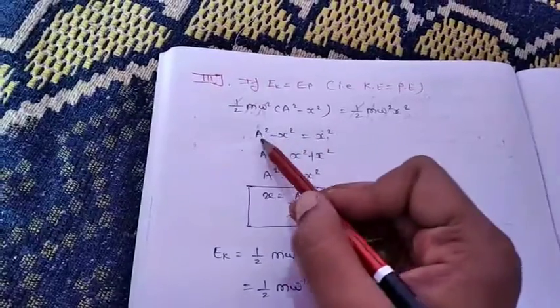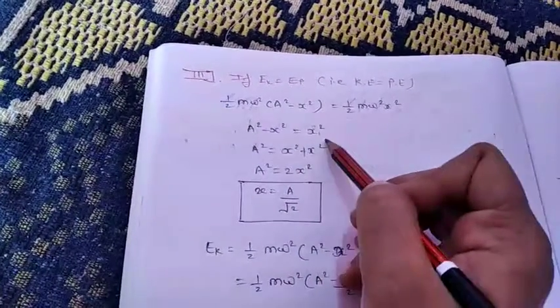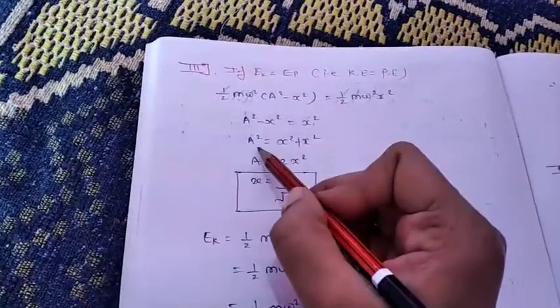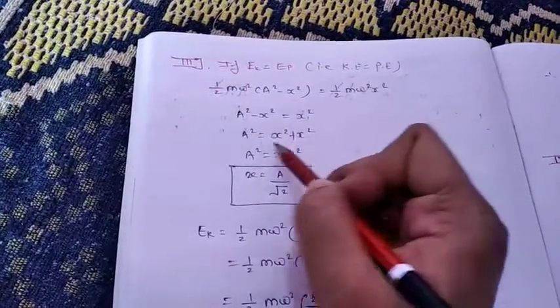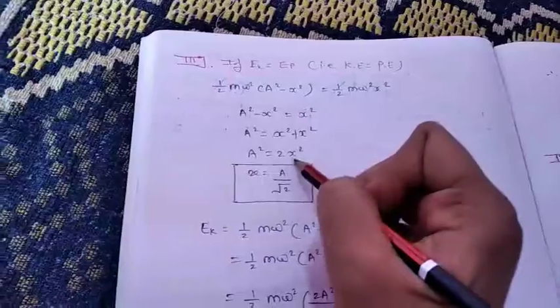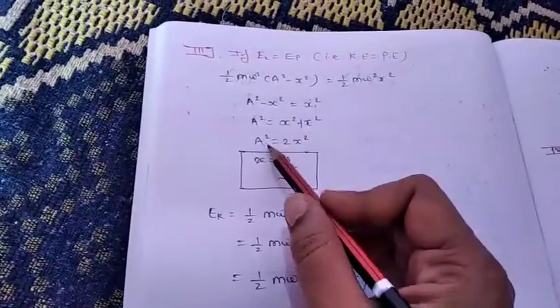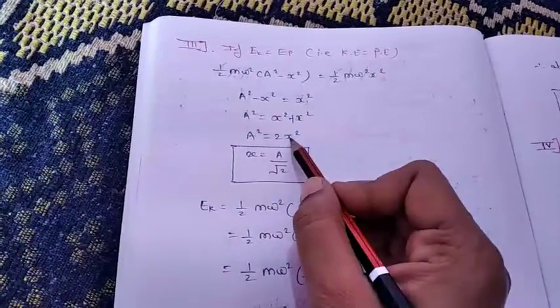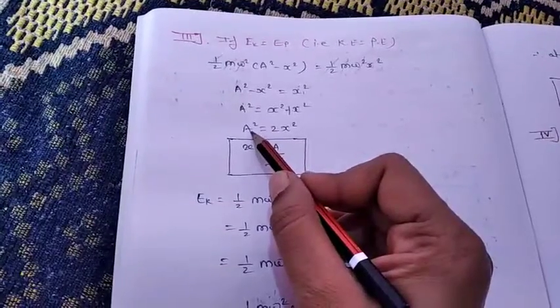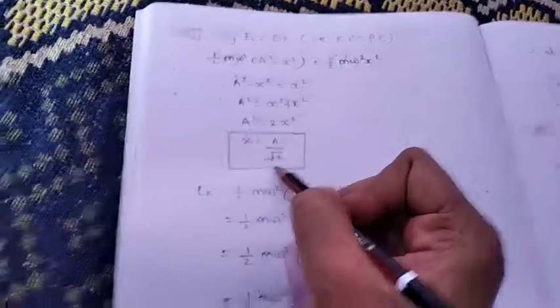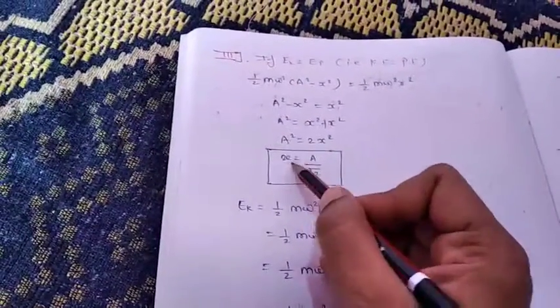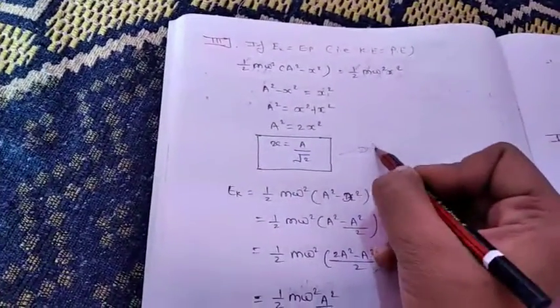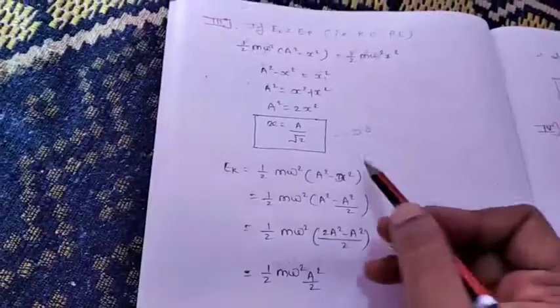So we have A square minus x square is equal to x square, that is A square is equal to 2x square. So we have x is equal to A by root of 2. This x is the displacement.